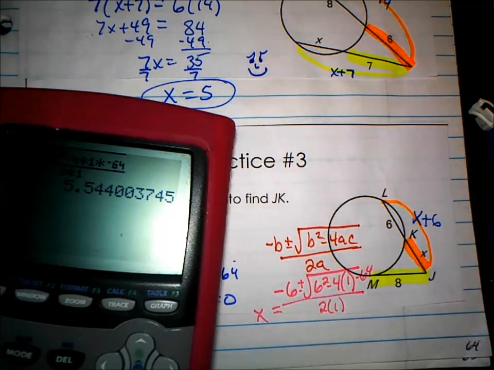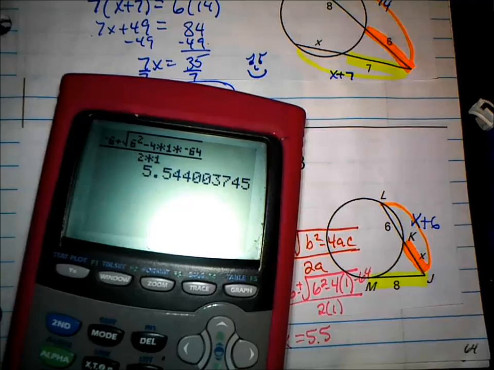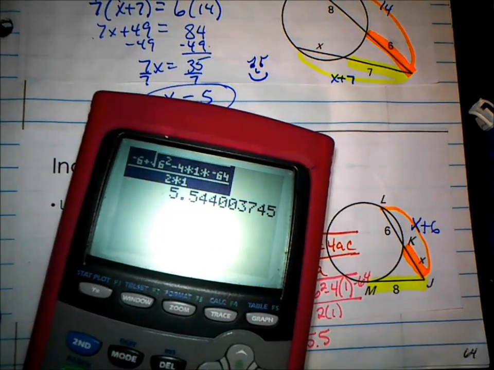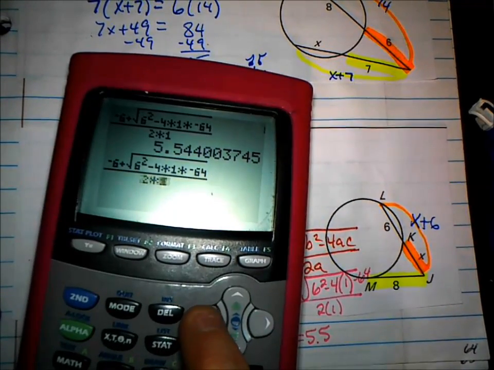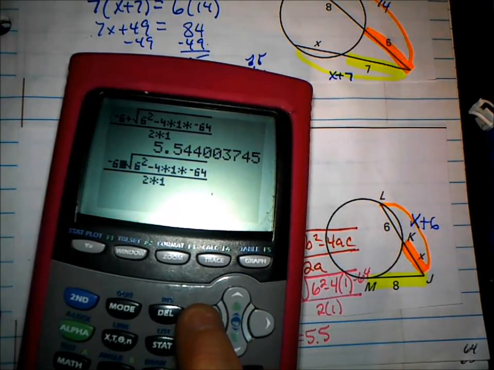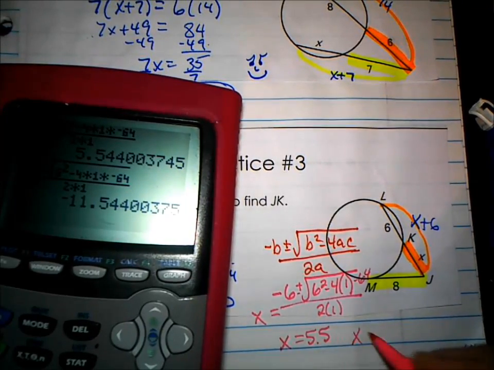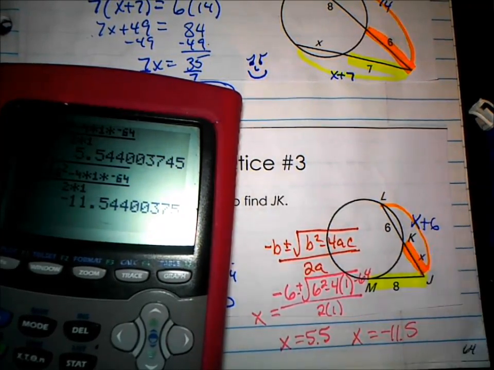So the first answer has x equals 5.5. And if I go back up and check to make sure, gotta do the subtract sign now, and see that it says x is negative 11.5.